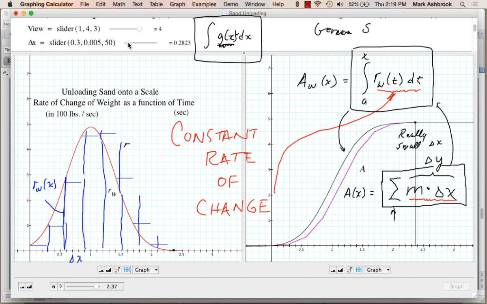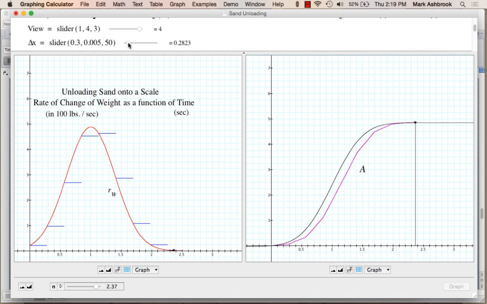Okay, so why the x and the t? This is important. So why the x and the t? Let's go back here and make it not so messy. Why can't we just do this?